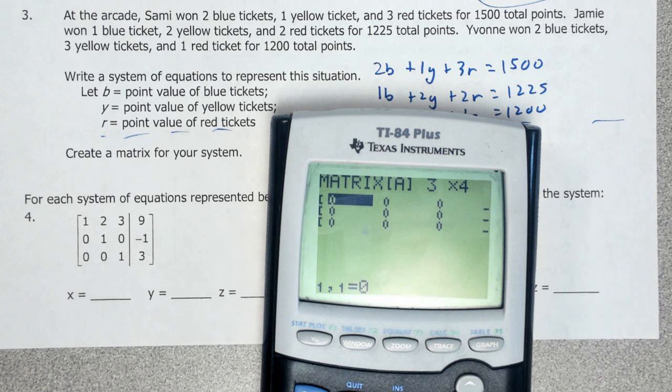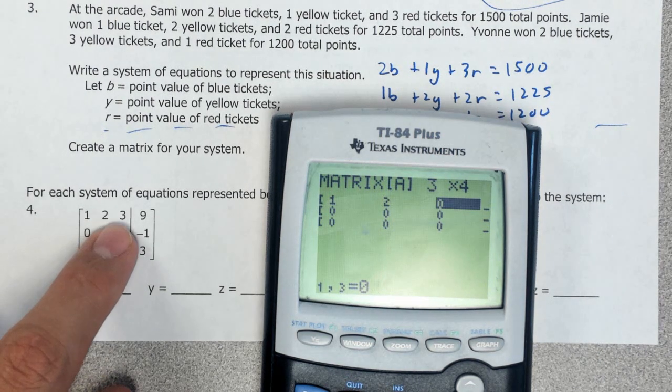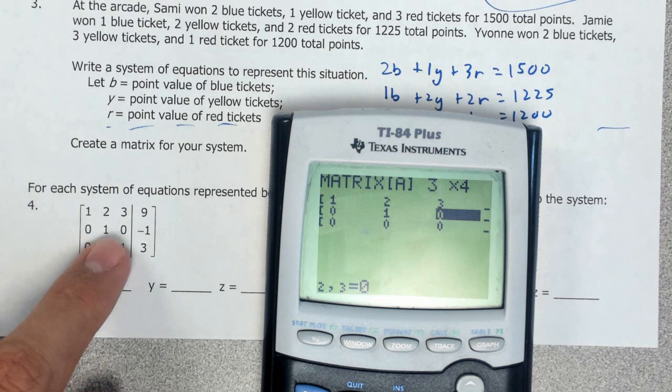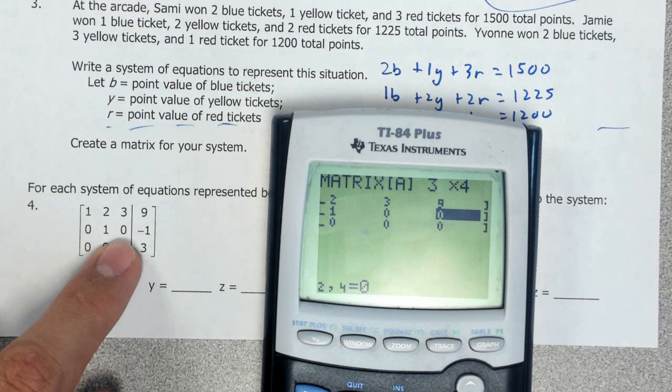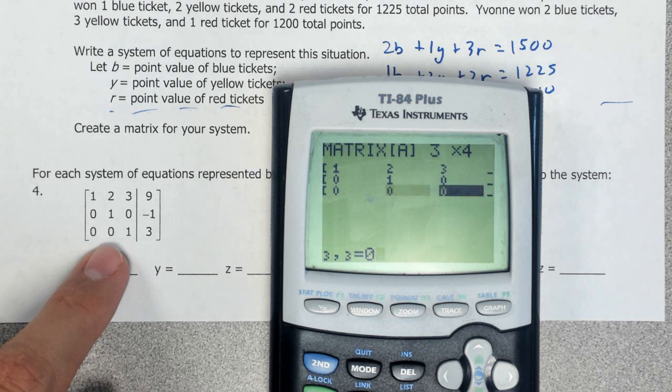And we're going to plug these in. 1 enter, 2 enter, 3 enter, 9 enter. 0 enter, 1 enter, 0 enter, -1 enter. 0 enter, 0 enter, 1 enter, 3 enter.